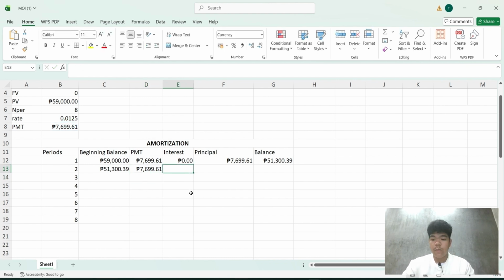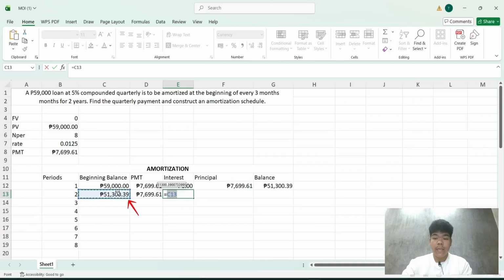And now for the interest. In the second period, we now put interest on our beginning balance. So first type the equal sign, click our beginning balance, and multiply it by our rate. Now, before we tap enter, we once again put dollar signs on both sides of the P because our rate here is a constant. It doesn't change. And once we have done that, we press enter.